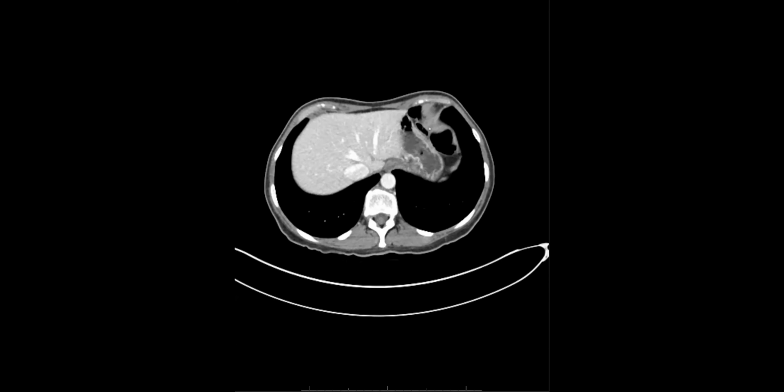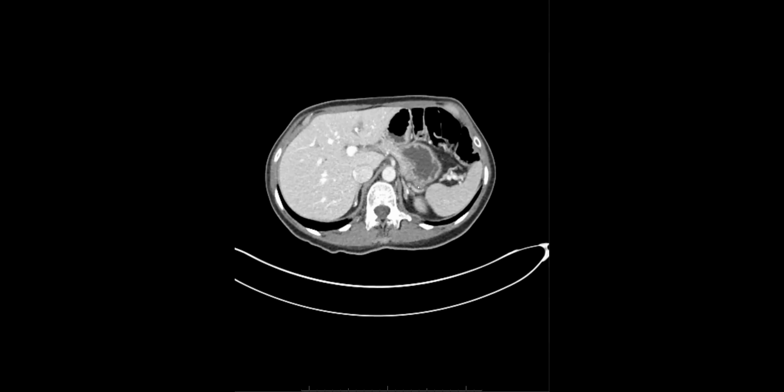Okay, let's see. Colorectal cancer. It's just a routine workup for colorectal cancer metastases, and we came across these adrenal glands. You'll notice that there are multiple focal calcifications in both adrenal glands.